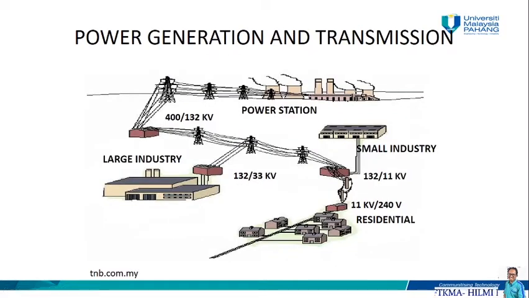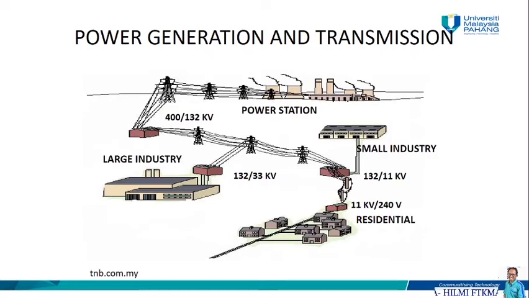As I had mentioned previously, a transformer is used as a step down transformer or step up transformer. In our current power grid system, the power generation and transmission depend a lot on the usage of transformers.